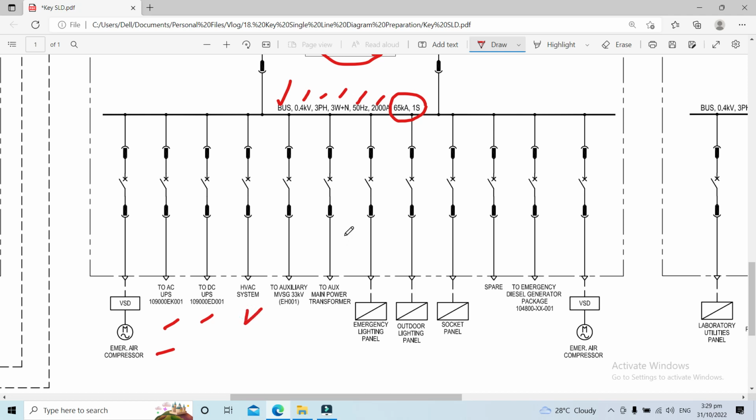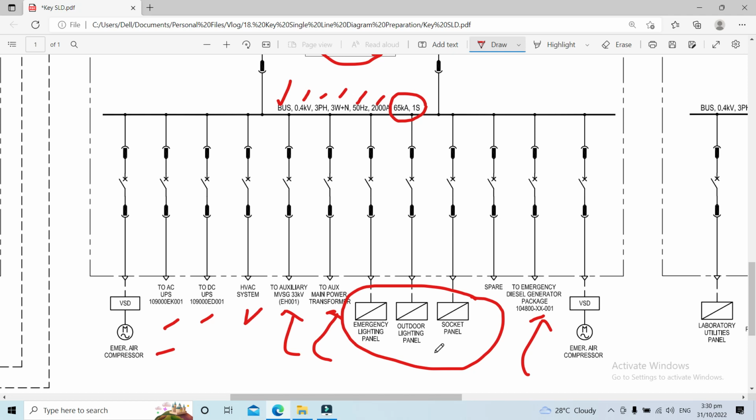The auxiliary supply for our medium voltage switchgear, for our transformer, and for our diesel generator package. These are the essential, vital loads: the emergency lighting panel, the outdoor lighting panel, and the socket panel.